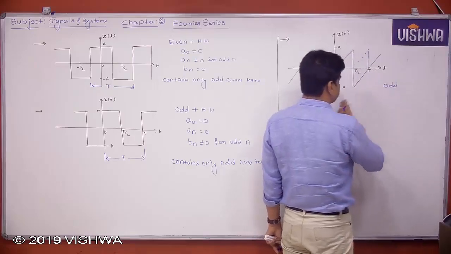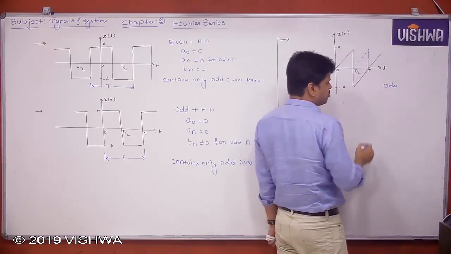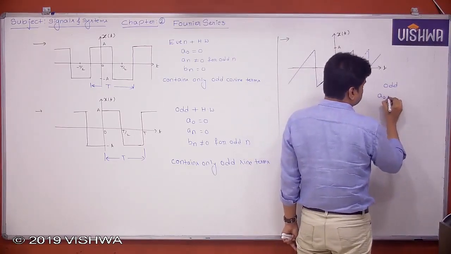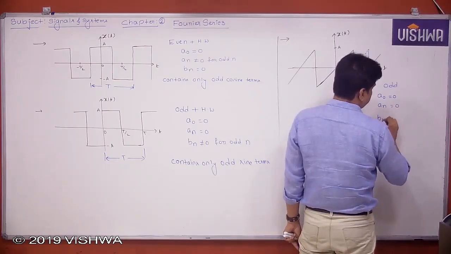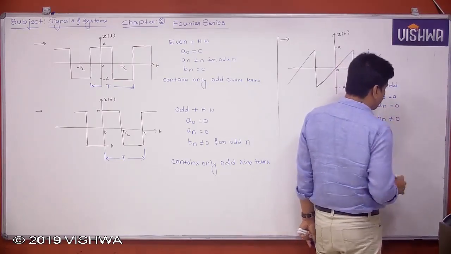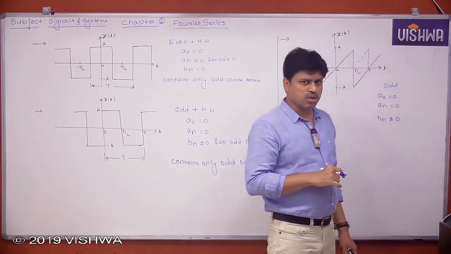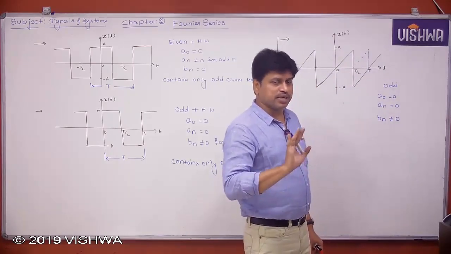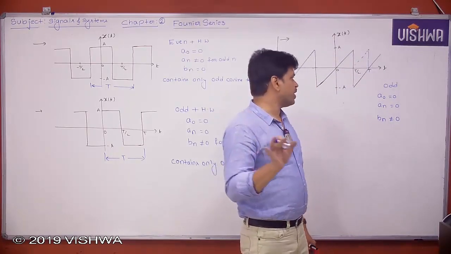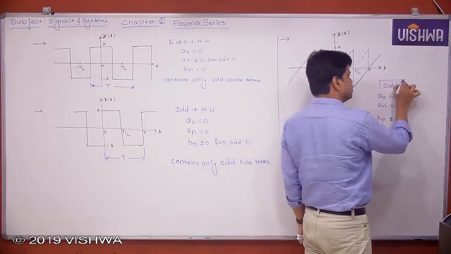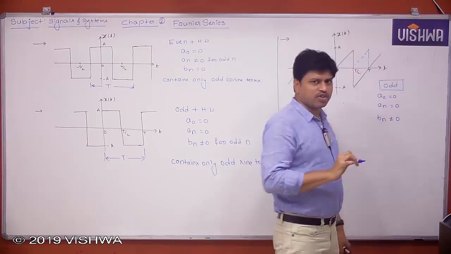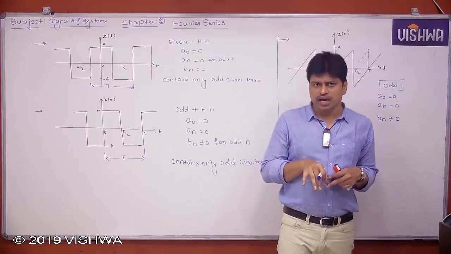Only odd symmetry. If it has only odd symmetry, A0 is 0, an is 0, bn is not equal to 0. For what values of n is it not equal to 0? It is not for odd values of n only. It is for all values of n. Why? It does not have half-wave symmetry; it has only odd symmetry. Only if it has half-wave symmetry can we say it has only odd harmonics.